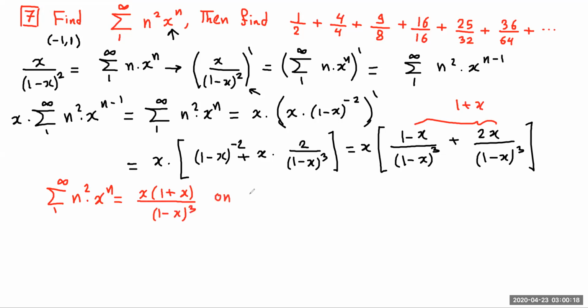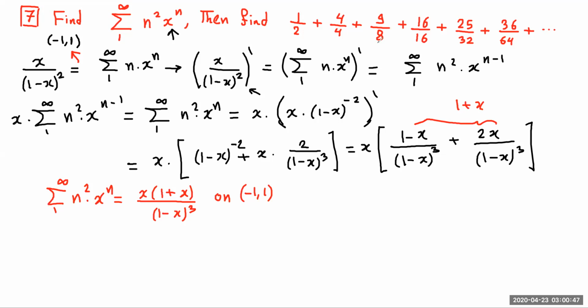This is correct on the interval minus 1, 1, because this formula from the last exercise is on the interval minus 1, 1. Now, the second part of the exercise: find 1 over 2 plus 4 over 4 plus 9 over 8.